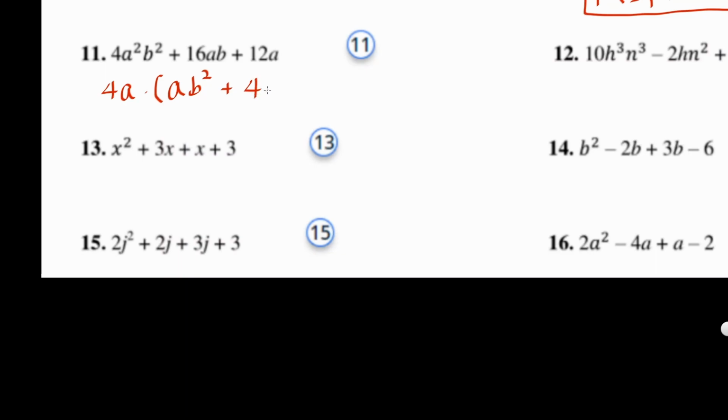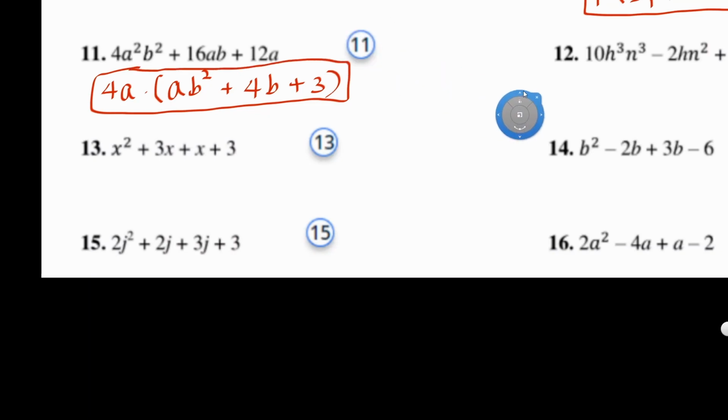It's just going to be 4 and then b. So when you multiply like that, you're going to get 16ab. So that's been taken care of. And then it's plus 4a times what gives you 12a? Well, 3. Okay? So that's all been taken care of. Let's move on to number 12 now.